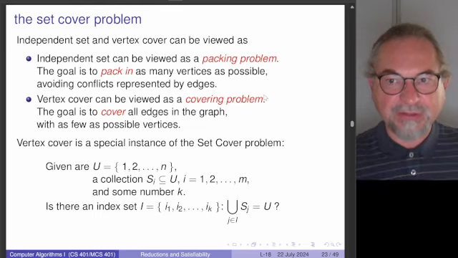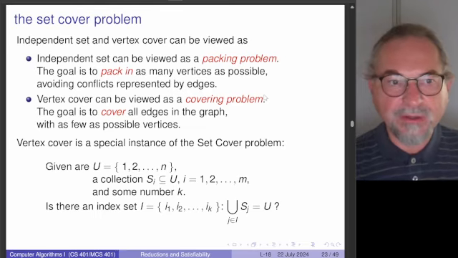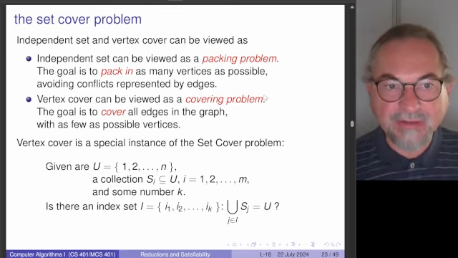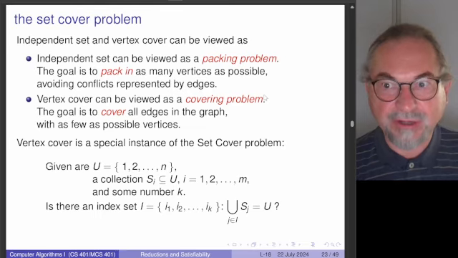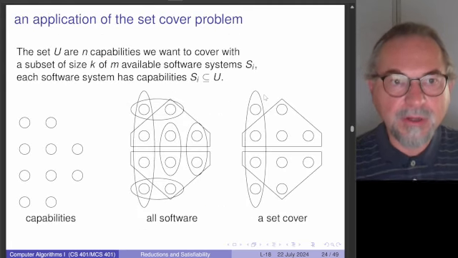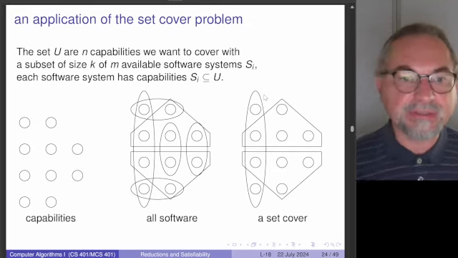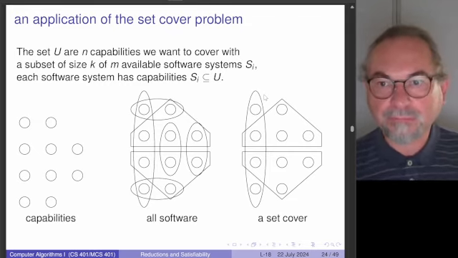Here we consider many edges, so collections of edges. I hope it is clear that the set cover generalizes the vertex cover. Okay, what is an application or an illustration of the set cover problem?